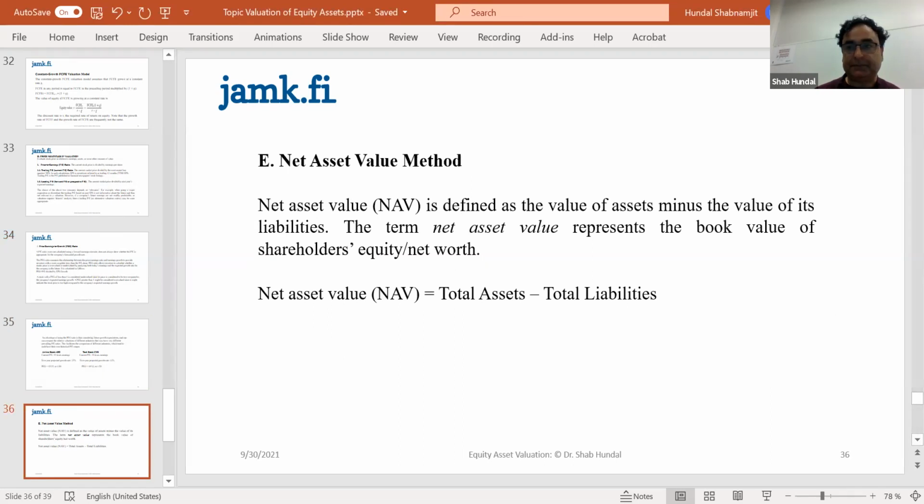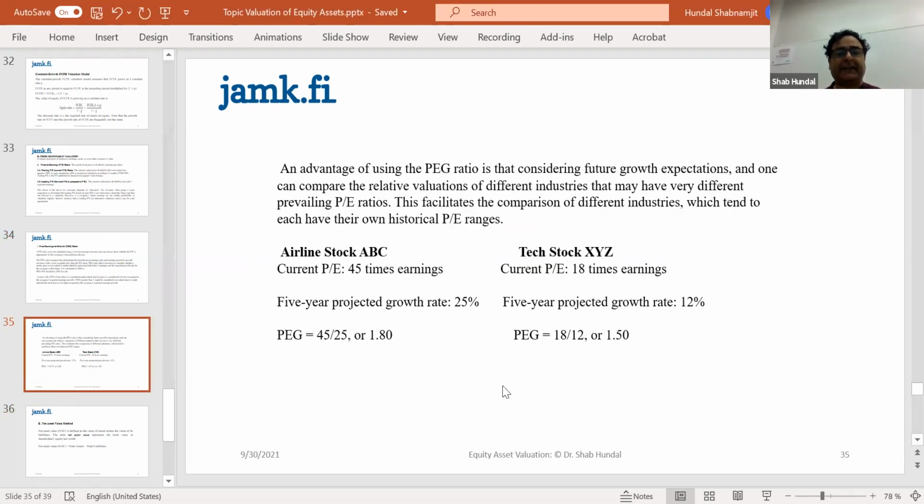Okay. And then, the advantage of using the PEG ratio is that it considers future growth expectations. So it's not only looking at the expectations, but it also looks at the growth of expectations. So for example, here you have two stocks: an airline stock and a tech stock.